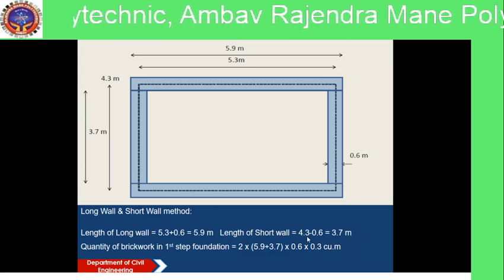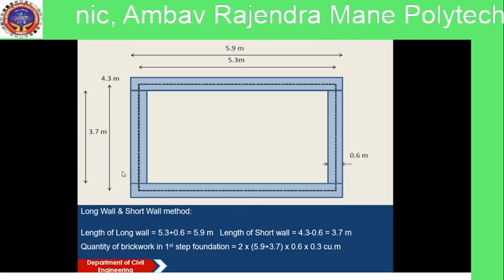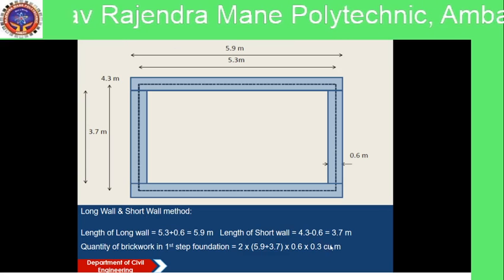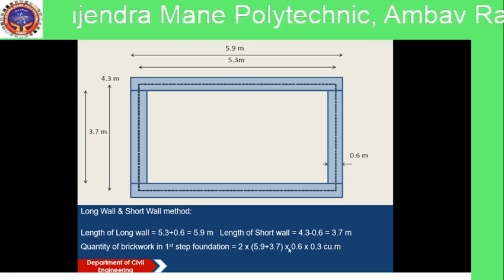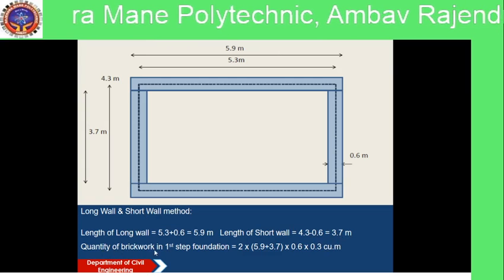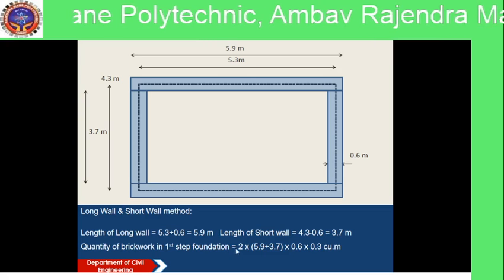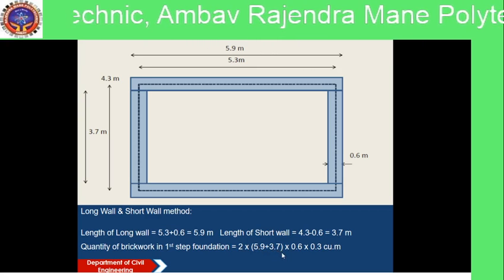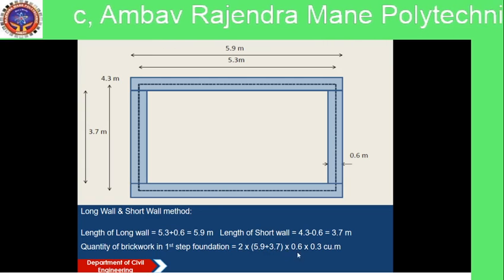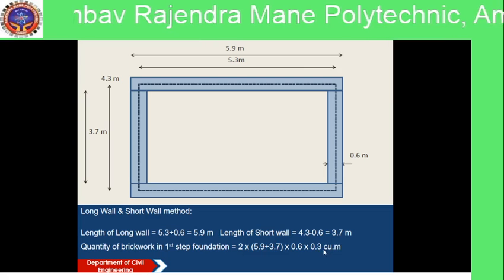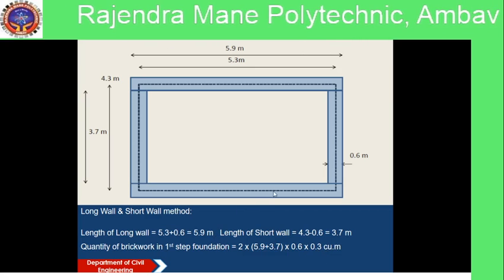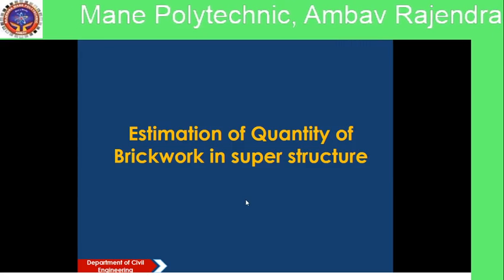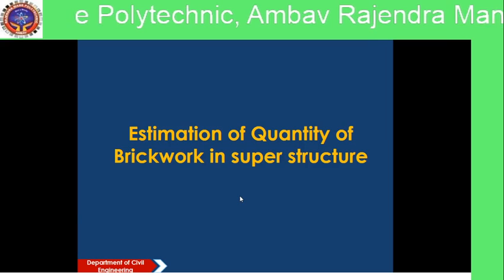So 4.3 center to center length of short wall minus 0.6 is equal to 3.7 meter. So quantity of brickwork in first step foundation is equal to two long walls plus two short walls into 0.6 into 0.3 cubic meter. Then estimation of quantity of brickwork in superstructure.